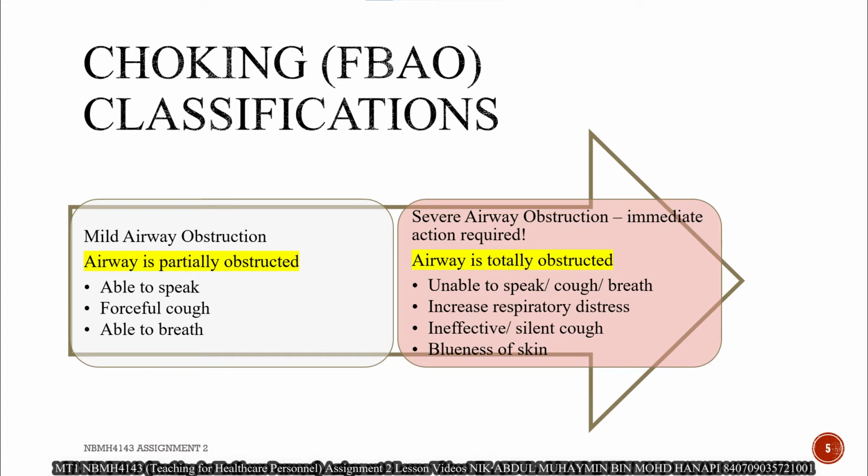Otherwise, in the severely airway-obstructed victim, where the victim needs immediate action from the rescuer, that is 5 back blows and 5 abdominal thrusts. The victim already has total airway obstruction and there is bad oxygenation to the victim's body.